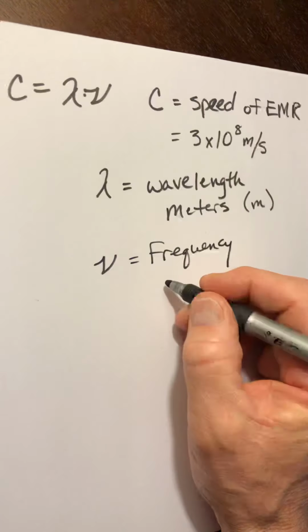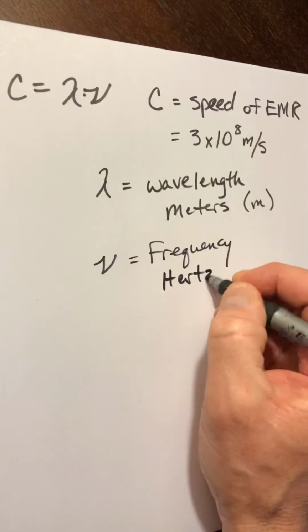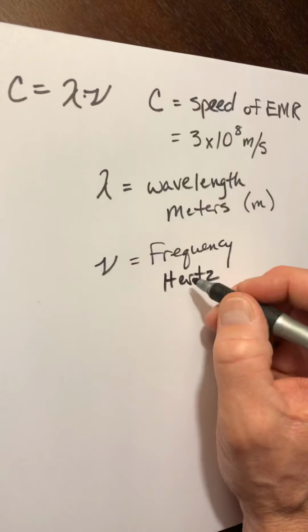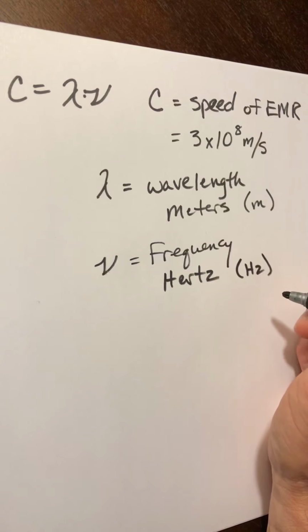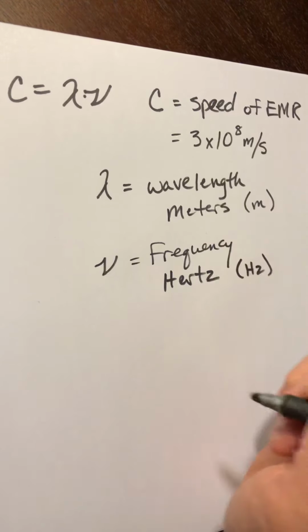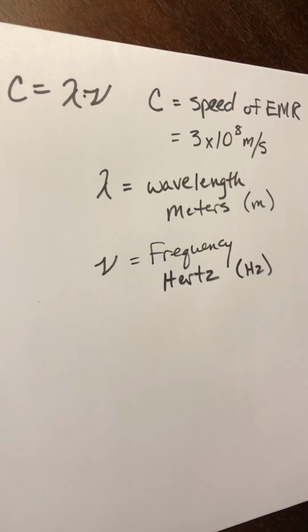The units for frequency are called hertz, H-E-R-T-Z, and is abbreviated with a capital H, lowercase z, but hertz is also kind of a confusing name. Frequency represents how many waves are passing a point in a given amount of time, and that time is generally 1 second.